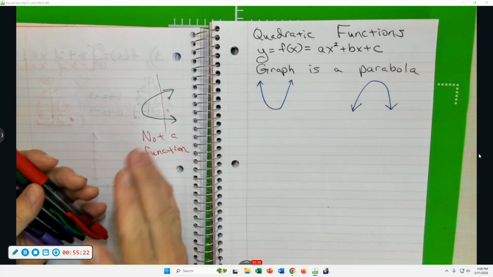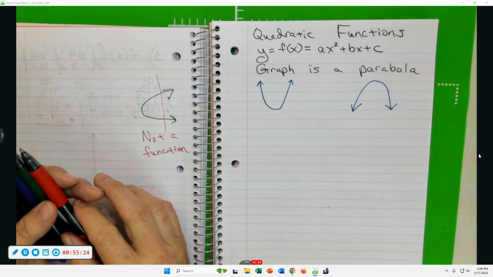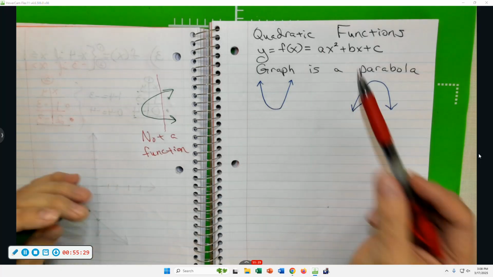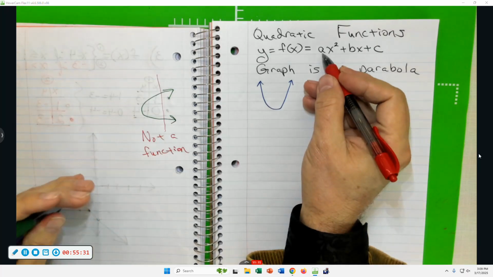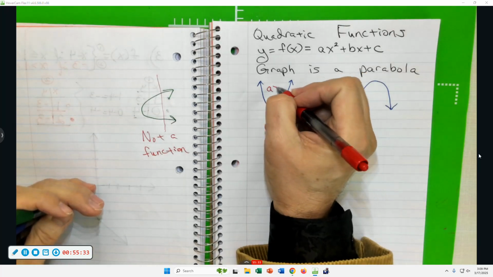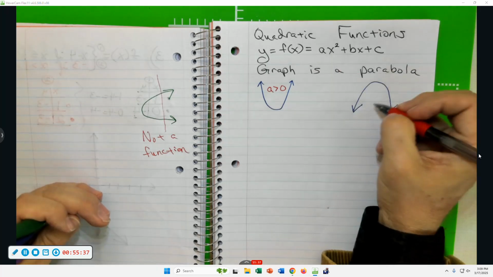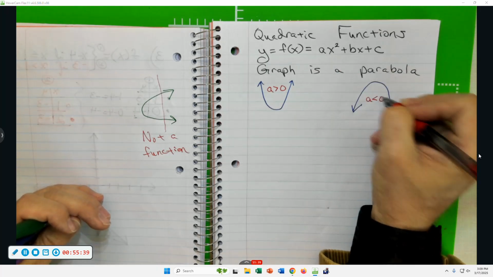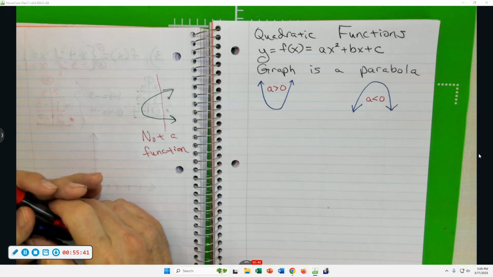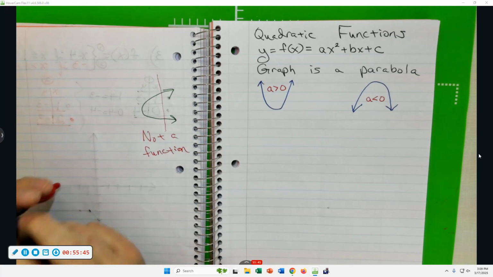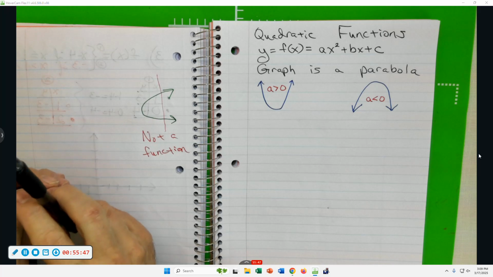When you look at the equation itself, you can draw some conclusions. Based on the number in front of x squared, if a is positive, you expect the parabola to open up. If that number in front of x squared is negative, you expect it to open downward. Either way, there's a point at which the graph changes directions.